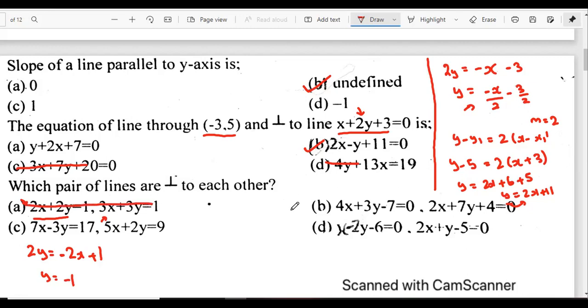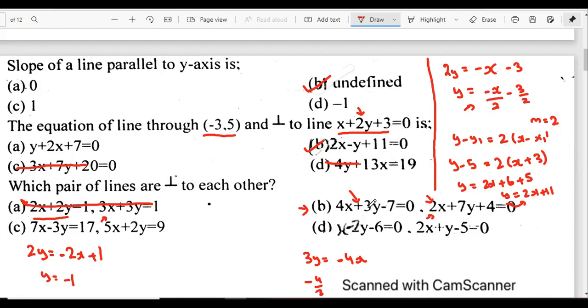Okay. Let's check the B option. For B option, we have 3y equals minus 4x. Forget about the 7. When I will take this 3 to the other side, I will have minus 4 by 3 as the slope of this line. Then this line should have the slope 3 by 4, but I see that the coefficient of x is 2, so it does not look like the slope would be 3 by 4, right?